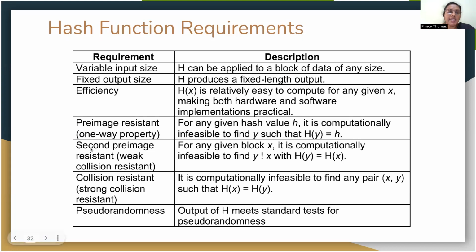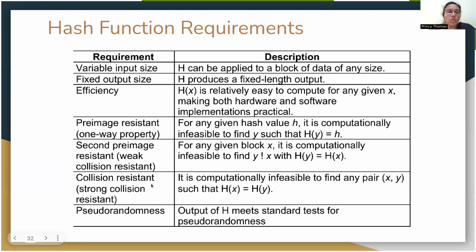Second pre-image resistant. That means for any given block of message X, you should not be able to find another message Y which has got the same hash as that of X. So for any given message, you should not be able to find another message which has got the same hash as h of X. That is weak collision resistance, or second pre-image resistance.